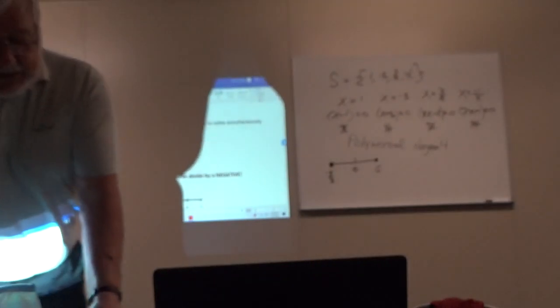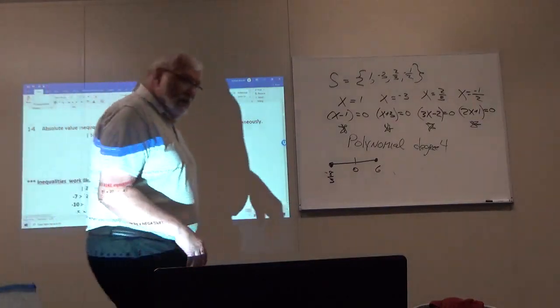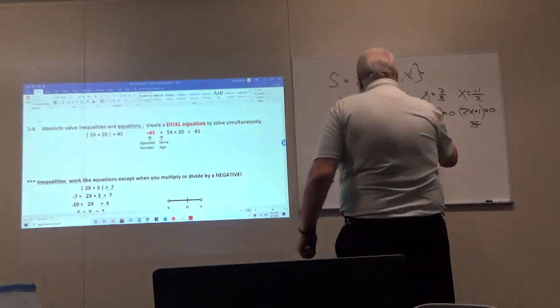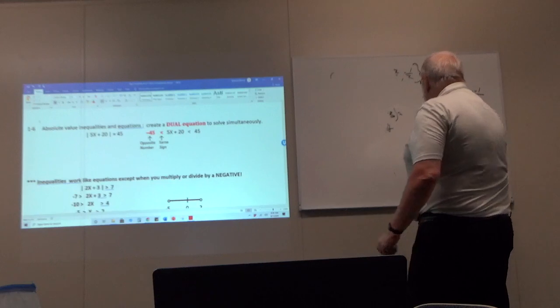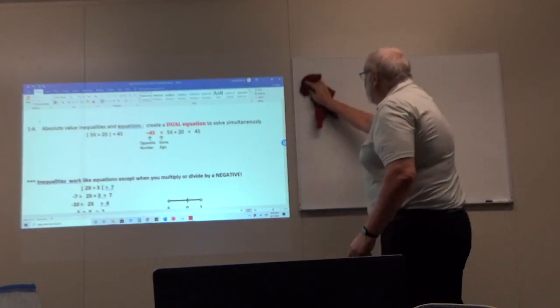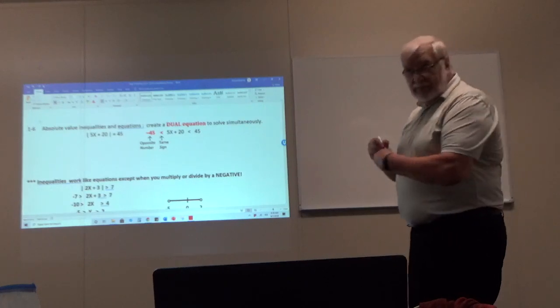Okay, so let's talk about problems on page 32. What's the first thing you have to do? Starts with S. First thing you have to do is solve it in the real number system. That means you're going to do the math. All right?